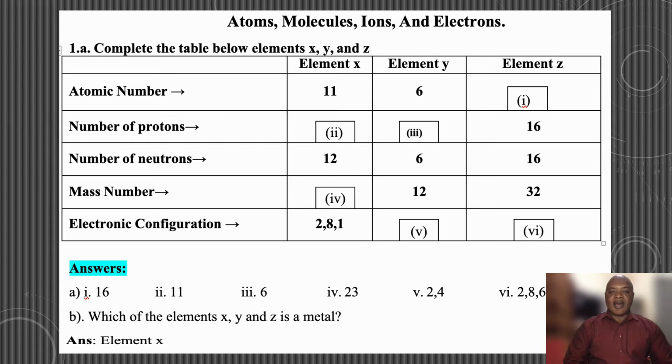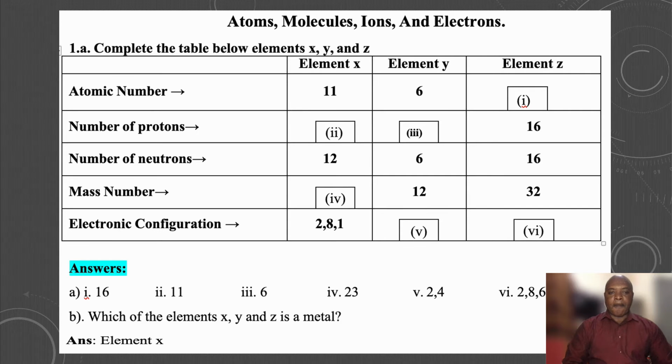Therefore, the proton number for element X is 11. 3, the proton number for element Y. And again, remember that the proton number is equal to the atomic number. For that reason, the proton number for element Y is 6.